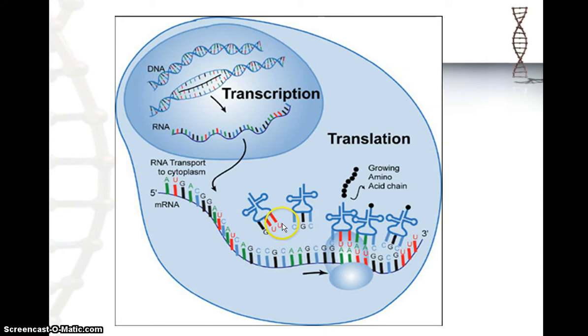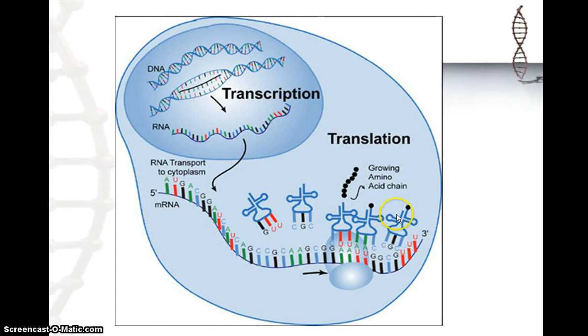Then we have another type of RNA called transfer RNA, or tRNA, traveling in the cytoplasm and finding specific amino acids that match their code. You can see that they will bring in these amino acids and pair up with the RNA code, and then you'll have a specific chain of amino acids called a protein.